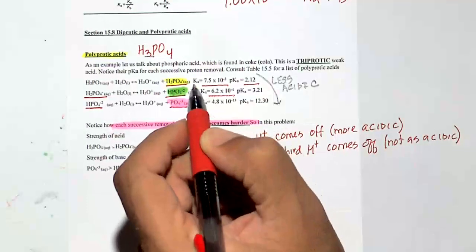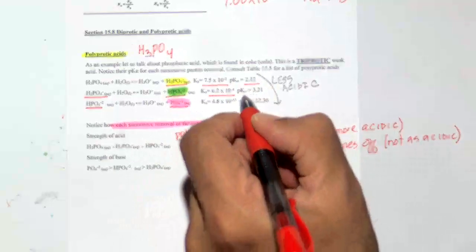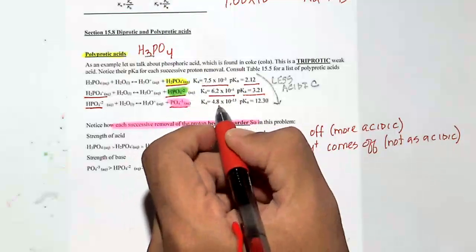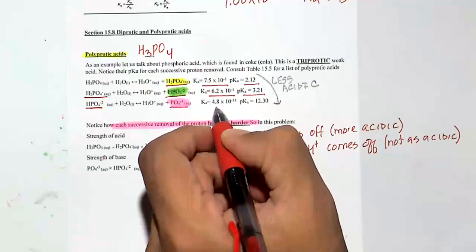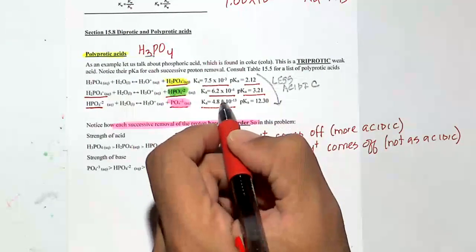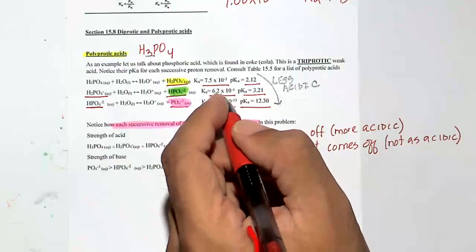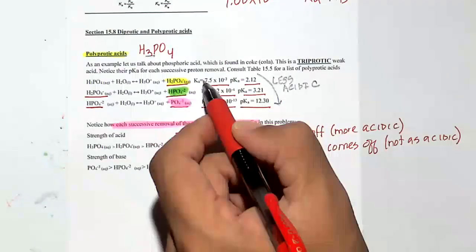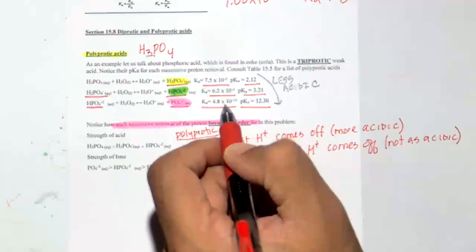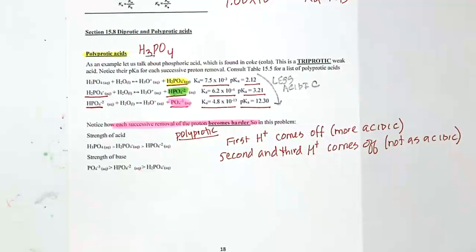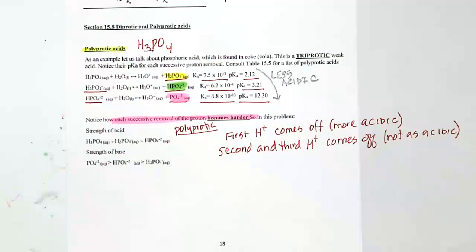The second proton has a low Ka, pretty high pKa. And the third proton, which is so ridiculously small, has such a small Ka, but a very, very high pKa. This is the trend for something that's becoming less and less acidic: lower Kas, higher pKas. So that's the trend we see for polyprotic acids.